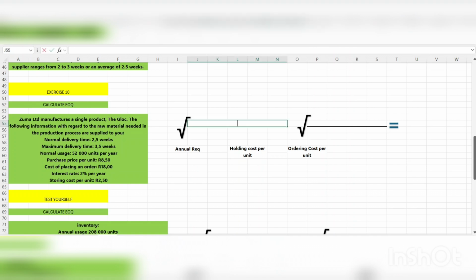We know the formula is 2 times your annual requirement, times our ordering cost, divided by our holding slash carrying cost per unit. So now let's work it out.